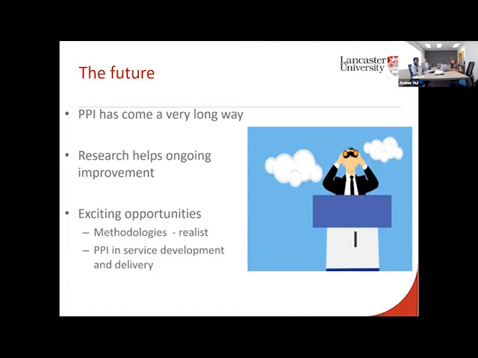So I just wanted to flag two areas where, for me, there are quite exciting questions about the future. The first is about the methodologies that we use to evaluate PPI.